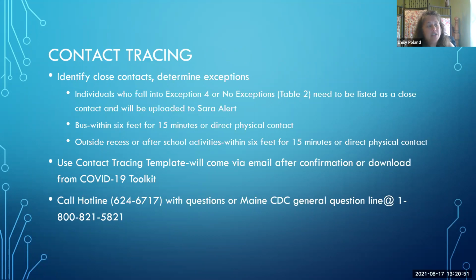Remember, when we're identifying close contacts, we're doing that in the classroom, in the cafeteria, on the bus, and outside at recess. On the bus, we are only using within 6 feet for 15 minutes or direct physical contact. There is no reference to windows or anything like that on the bus.